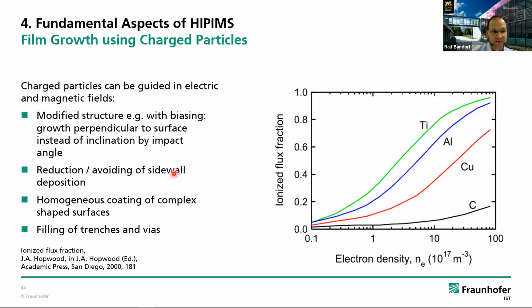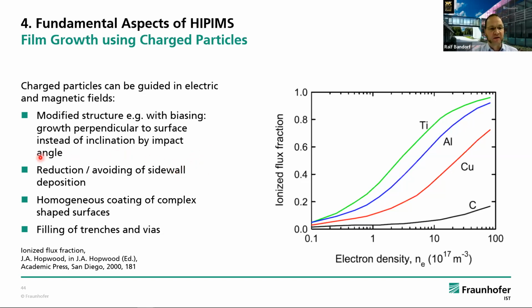So there are a few aspects to this. If the film forming species themselves are charged, you can guide them in electric and magnetic fields. So you can even use them to filter, or to accelerate, decelerate, to use additional configurations to play around, or to also guide them around some corners.